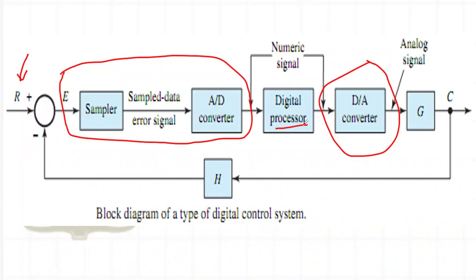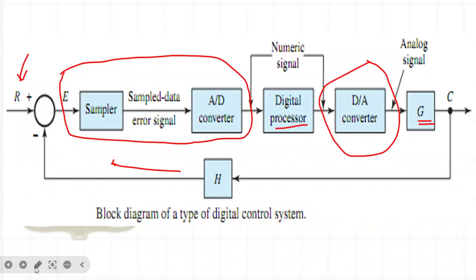If my system is analog, at that time I don't need the sampler, analog to digital converter, or digital to analog converter. What I need is my reference, and whatever output comes through this feedback is my actual signal. So reference minus actual passes through one processor or controller, giving to the plant. That's it, right? So this is how our basic structure will look.